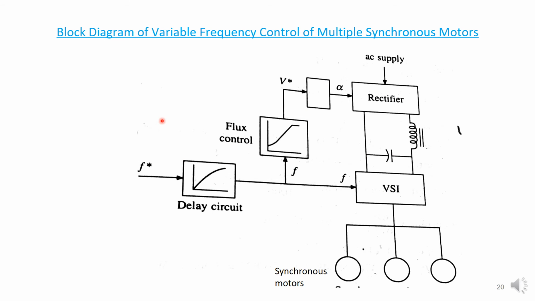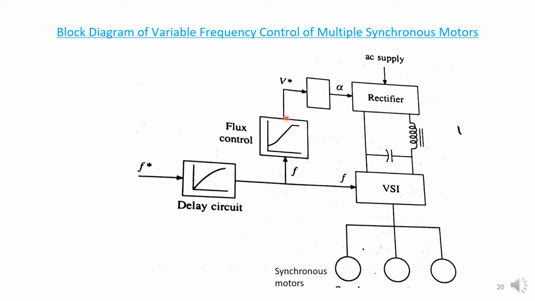The figure shows the basic block diagram of the variable frequency control of multiple synchronous motors. So this is an open loop type control. You can see this is a frequency from an independent oscillator. This is given to the voltage source inverter via a delay element, and this frequency is given to a flux control, and the flux control output is V star, the voltage reference.